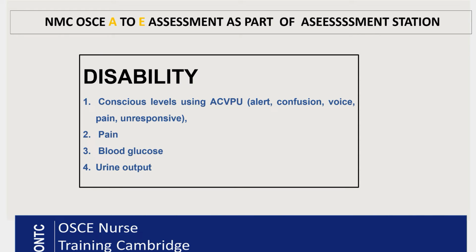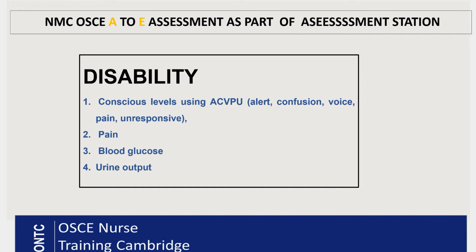If you are in a medical surgical scenario and your patient is talking to you and answering your questions, and you have no indication they're confused, then obviously they're alert. If you get a neuro scenario and you have already done a GCS score on that patient, or you will complete your Glasgow Coma Scale as part of your assessment station, and you found them confused in that, then obviously they have confusion.